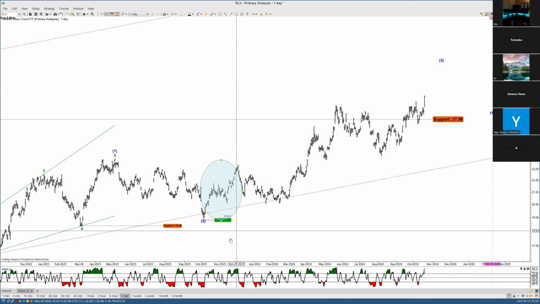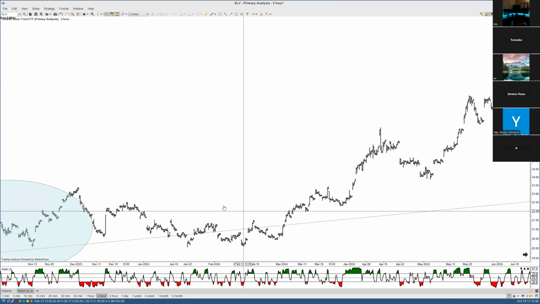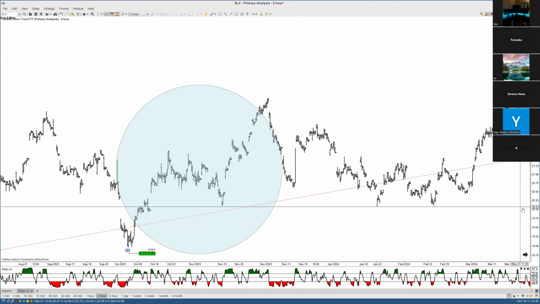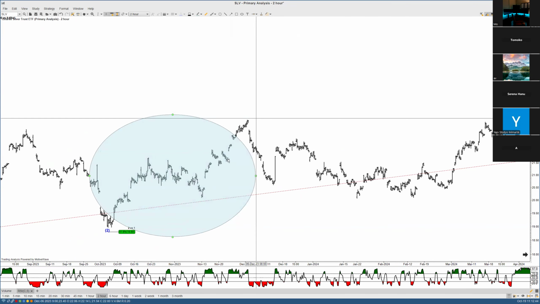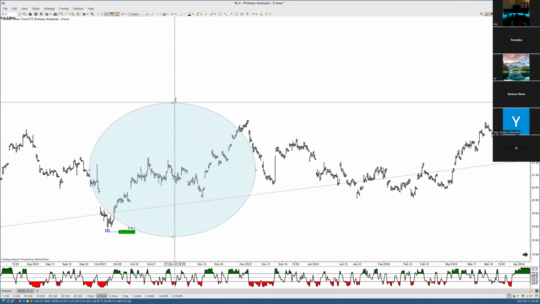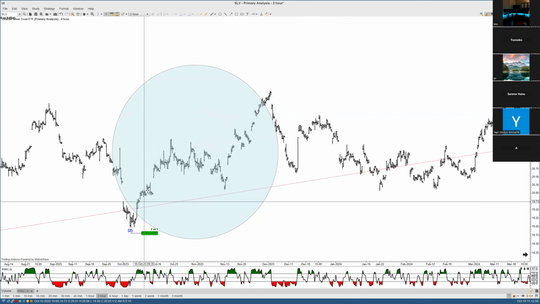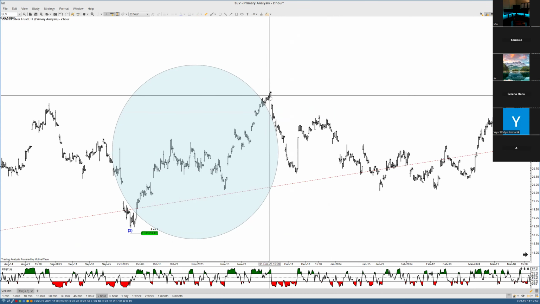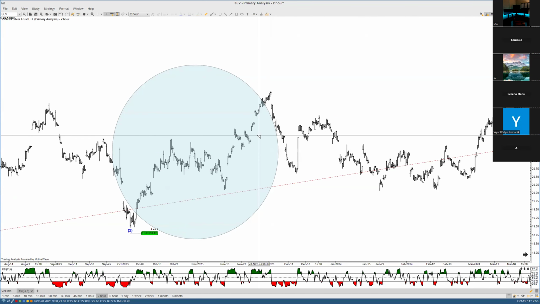Let's go to 2 hours, because sometimes when you go to a smaller time frame, you're going to be able to find that. You see, it still is a 3-wave move. I can see it, I just want to show it to you. It looks like a 3-wave move because it's missing the 4.